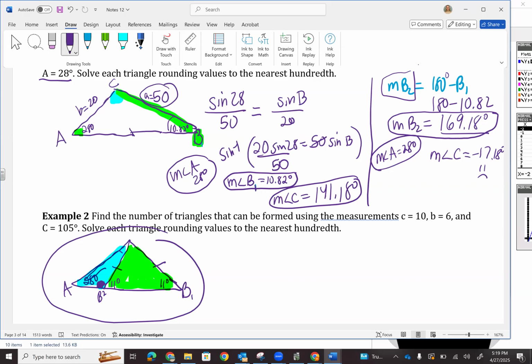And then you have to start to say, is it possible to find this part C? And if you get a negative answer, you're like, no, there is not a second triangle. There's only going to be one. So at this point, we just focus on solving the larger option, the first initial and single triangle that there is. And so the only other side we have to find is side C.